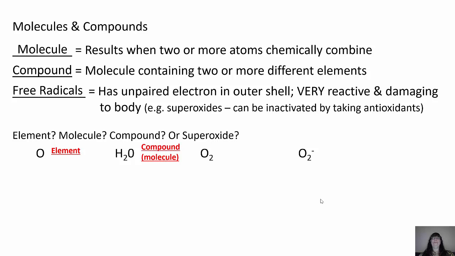O2, that's a molecule. 2 atoms of oxygen have chemically combined. And O2 negative, that's a superoxide. It has an unpaired electron in the outermost shell.